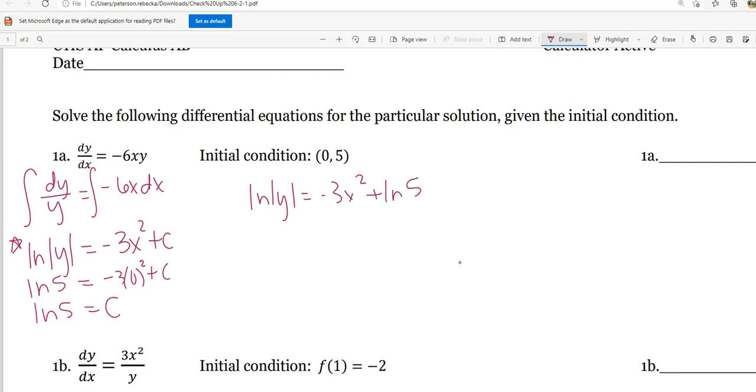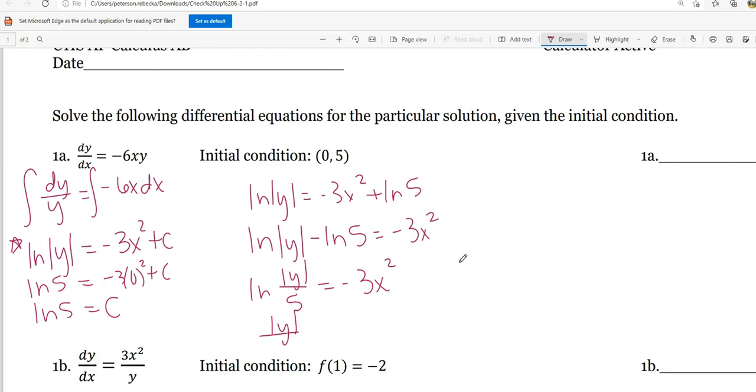Let's collect our ln's on the left-hand side. Now I can condense my logs using division. Now I can exponentiate. Let's multiply both sides by 5.